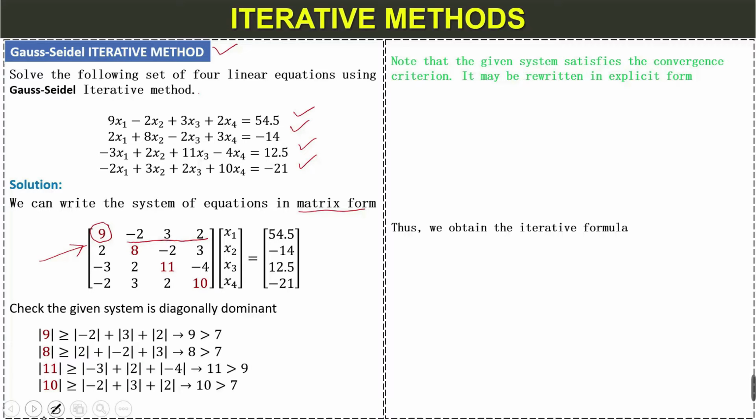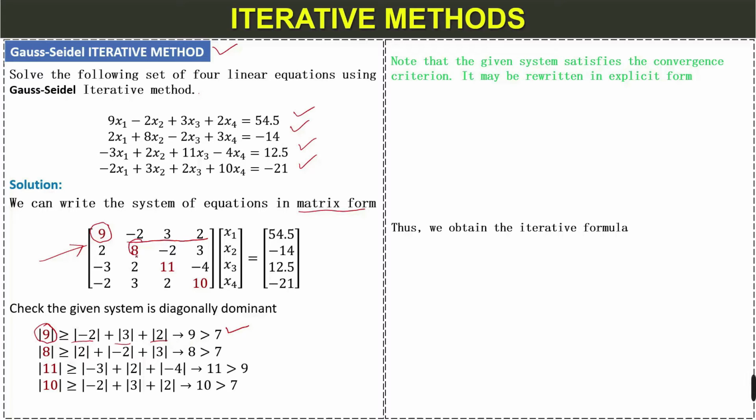Here this is the diagonal entry, and the absolute value of the diagonal entry should be greater than or equal to the sum of the absolute values of the other entries in that row. In this case 9 is greater than 7, which means this fulfills the criterion for the first row.